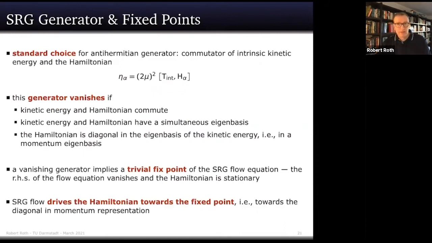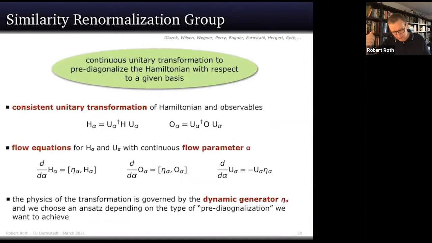Well, one thing that you can work out quite easily is you can think about, when does this differential equation end up with a zero on the right-hand side? Let me go back. So when does this right-hand side commutator term vanish? Because if this vanishes, this means that the derivative of the Hamiltonian is getting close to zero. It stops.